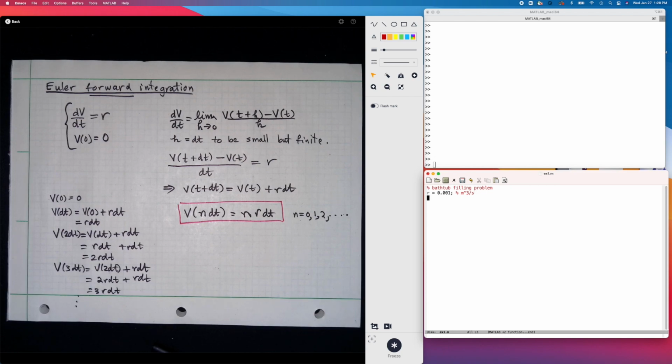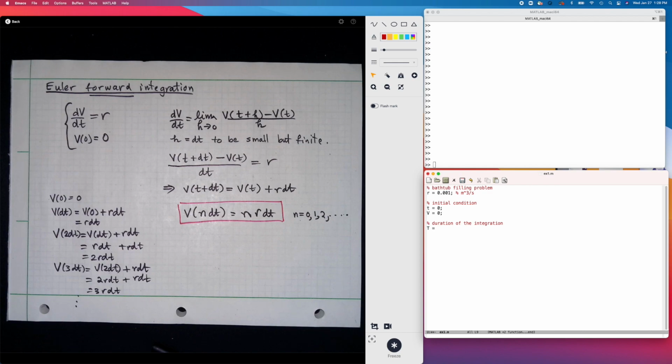And then we need to specify the initial condition, which is t equal to 0 and V equal to 0. Then we decide how long we want to integrate the model. So let's say the duration of the integration, T, is going to be, let's pick a number, 2 minutes.